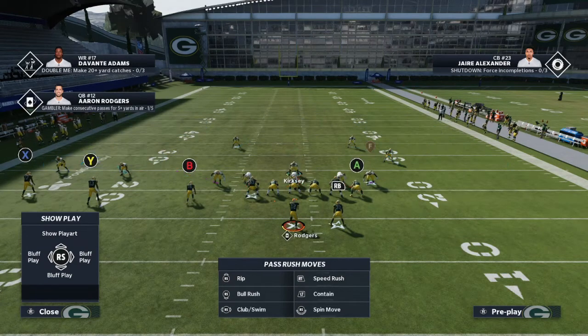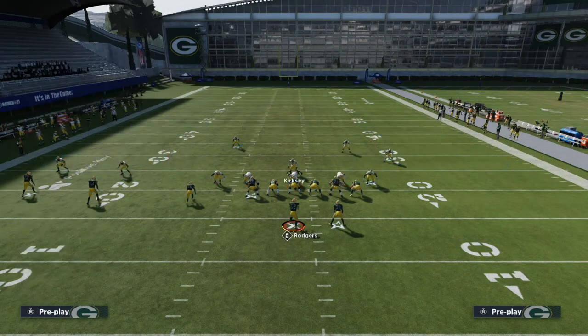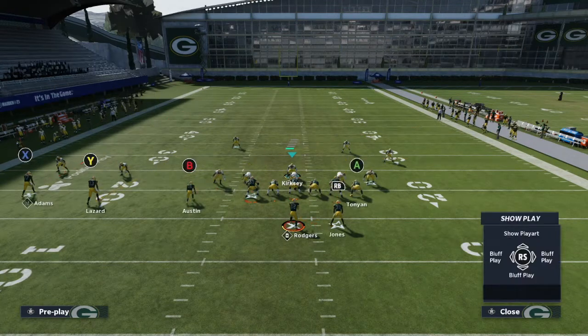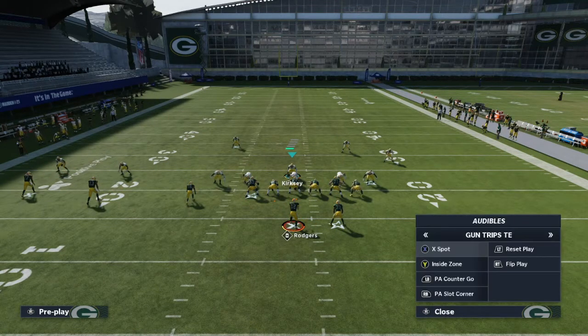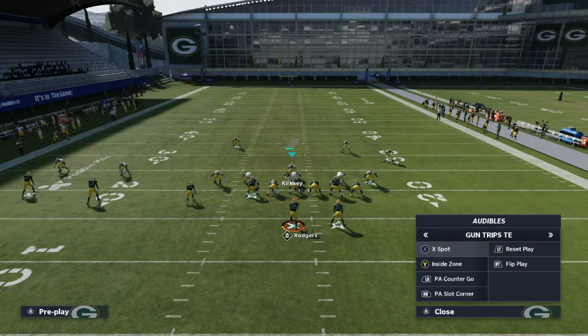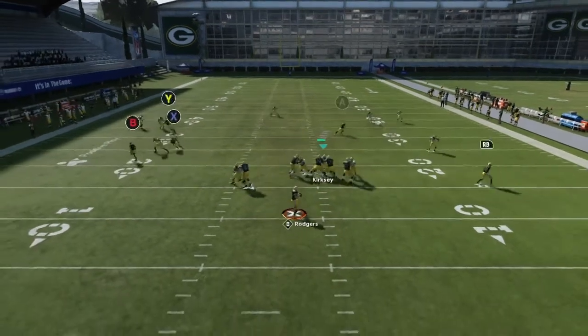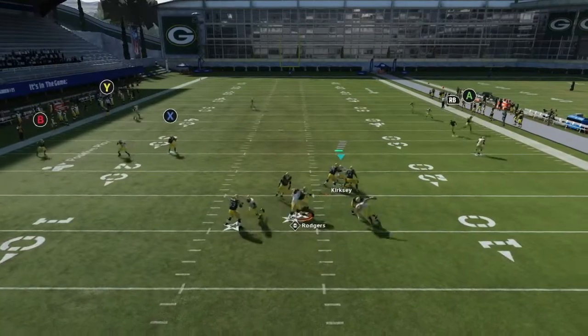Because obviously, if we have our flats all the way on 25, the underneath is going to be wide open. So again, if someone's killing you underneath when you put your flats on 25, you can put your curl flats on 5. So you're going to have the deep crossers and corners covered, and you're still going to have the underneath covered now. So now we can still guard that crossing route, but we can guard the underneath as well.